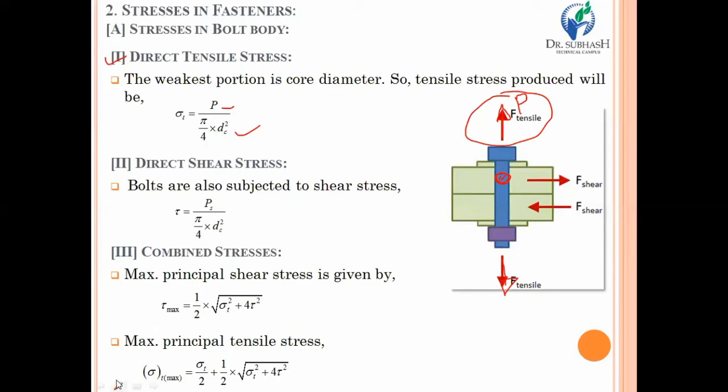Suppose the connected members try to move due to external loading in such a direction. So it may be possible that due to uneven loading in transverse direction, like this direction or this direction, it will put force on bolt shank in such a way.